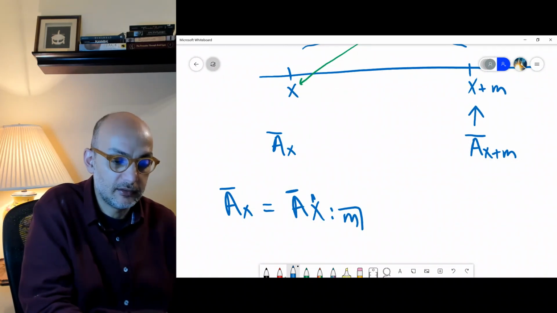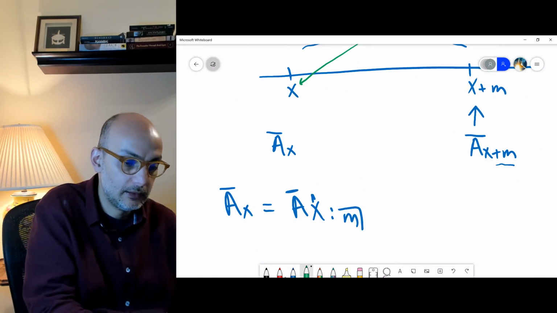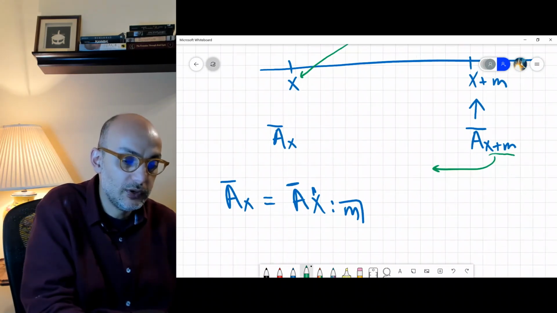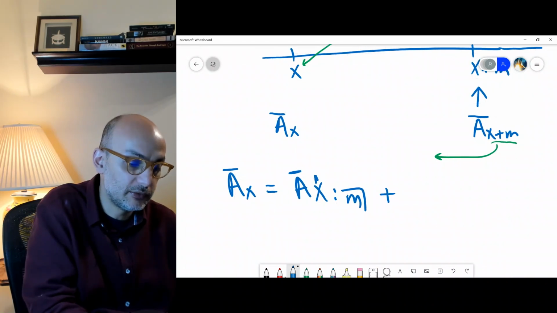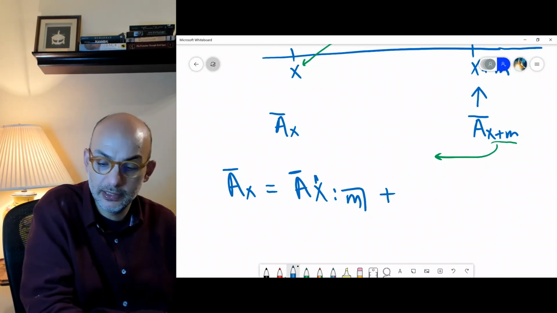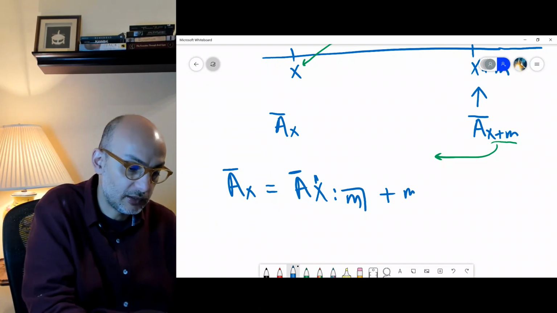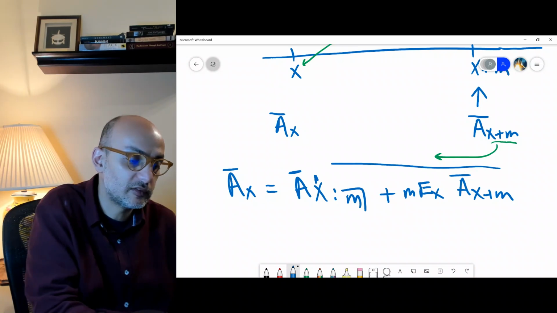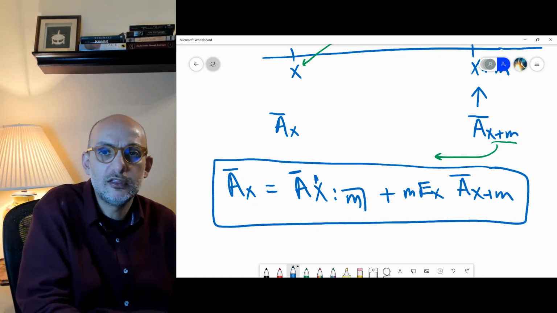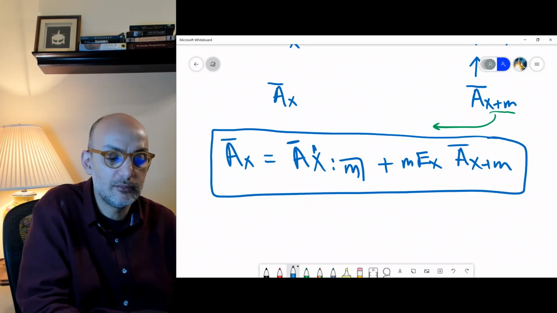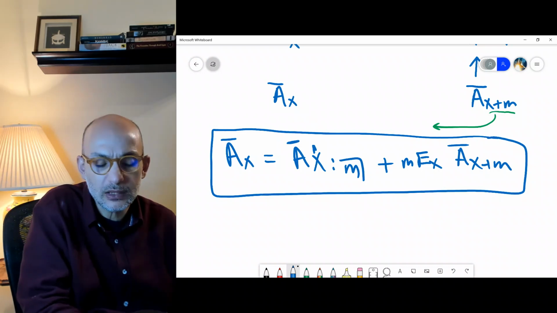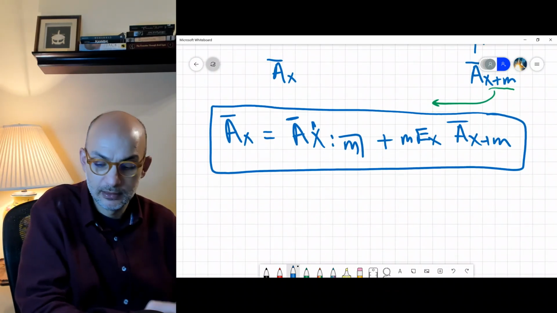But this one here is at age x plus m, right? So we need to bring it back. How can we bring it back? We need the actuarial discounting factor mEx multiplied by A x plus m. There is logic here. If you get it, it's very easy. Similar to interest theory, if you are good at interest theory, it's the same logic. The only difference is that mEx also includes probability, right?